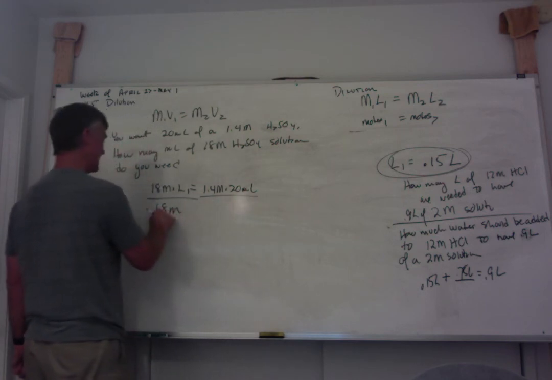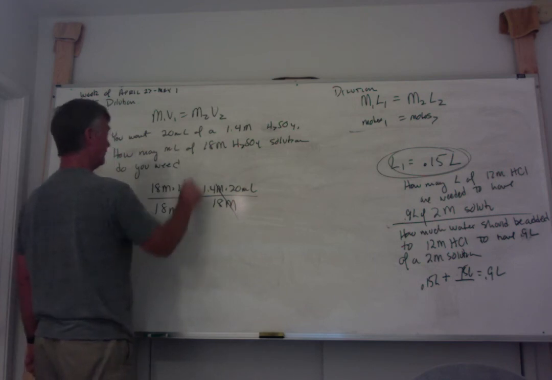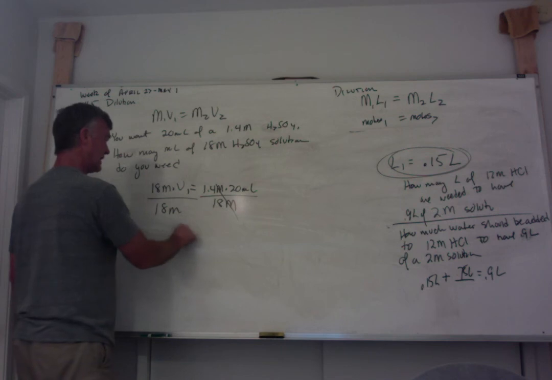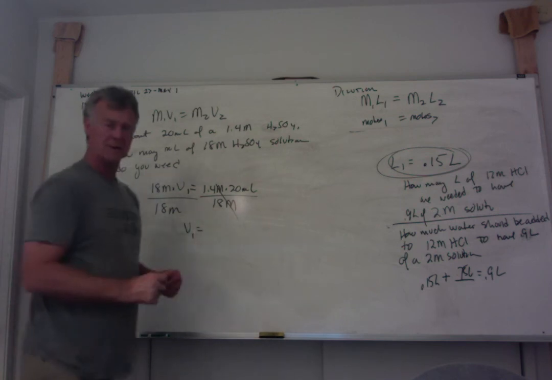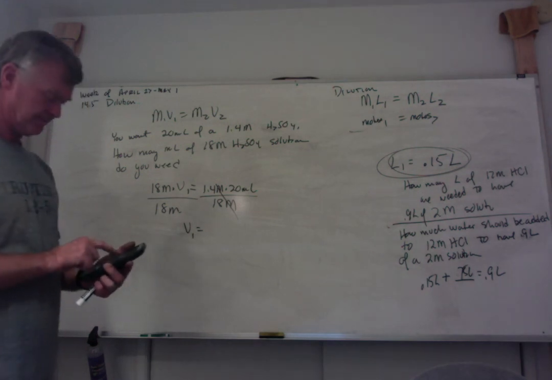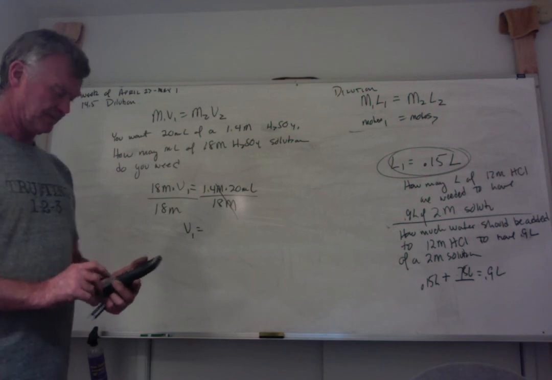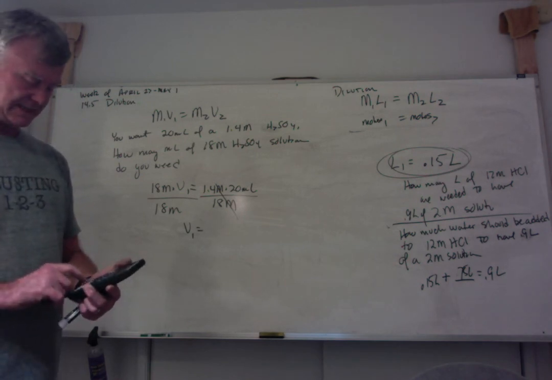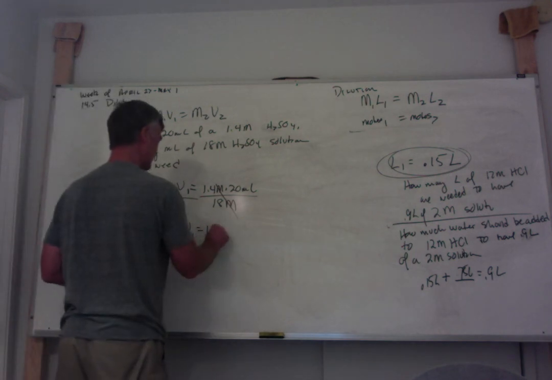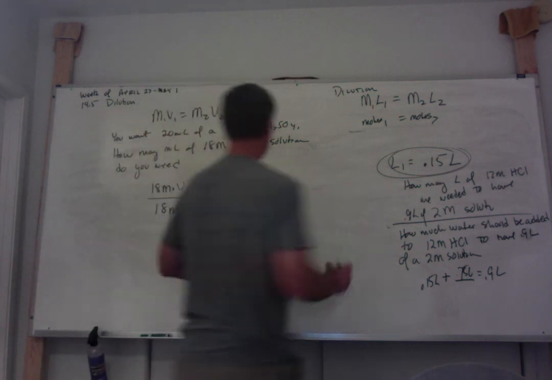V1 then is 1.4 times 20 divided by 18, and I need 1.6 milliliters.